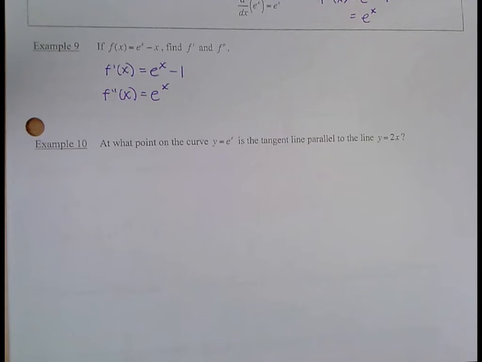And let's go through 10. At what point on the curve y equals e to the x is the tangent line parallel to y equals 2x? Not at 1. You don't need to guess. Yes, 0.69.